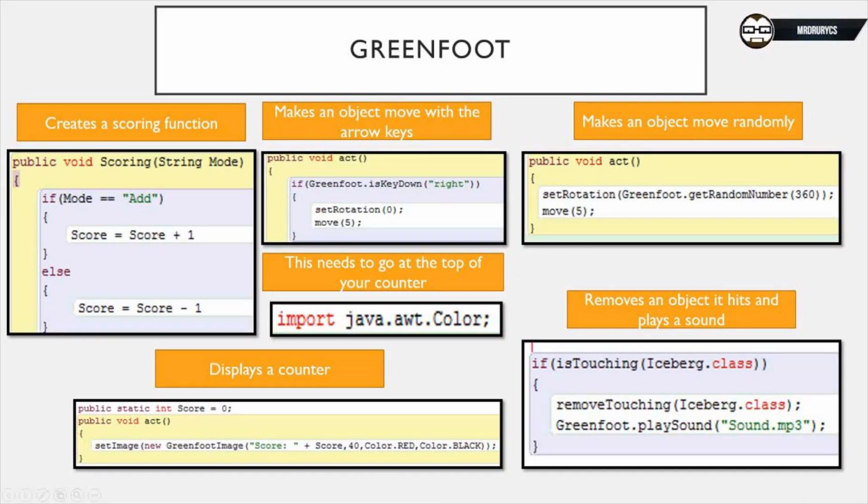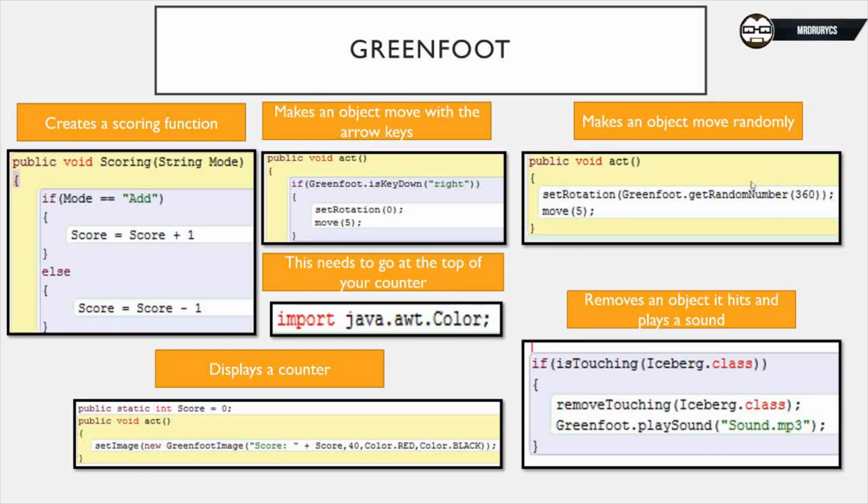So this is my Greenfoot thingamajig from before. So these are all things I've done. So obviously creating a scoring function. This is the old version from when you were making it from scratch. You've got your key Greenfoot is.key down.